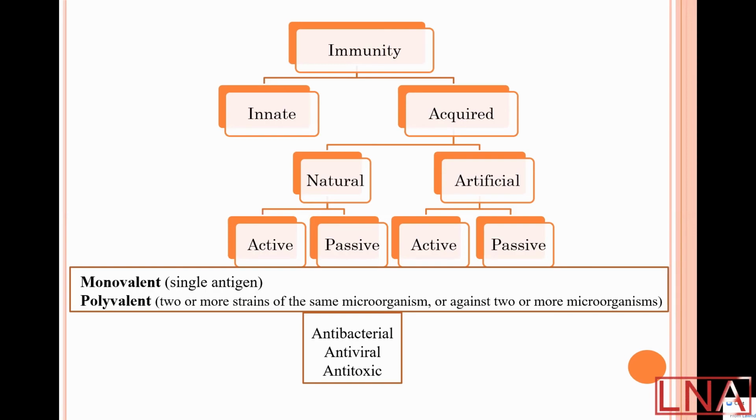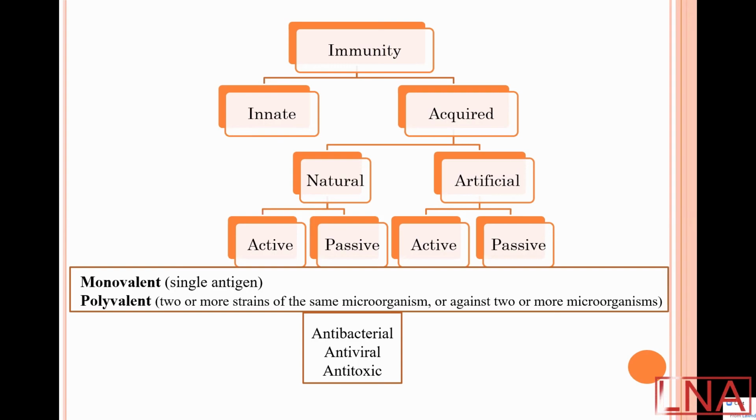It's also passive natural acquired immunity. So a baby can be protected from influenza by mother's antibodies for some time. It's passive because they are not self, but mother's antibodies.